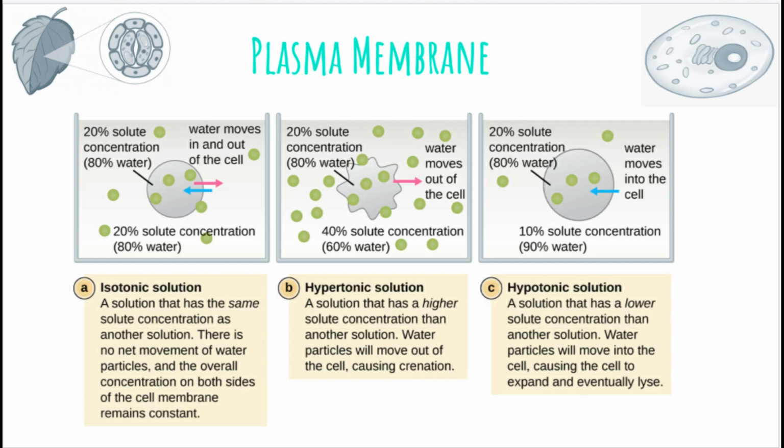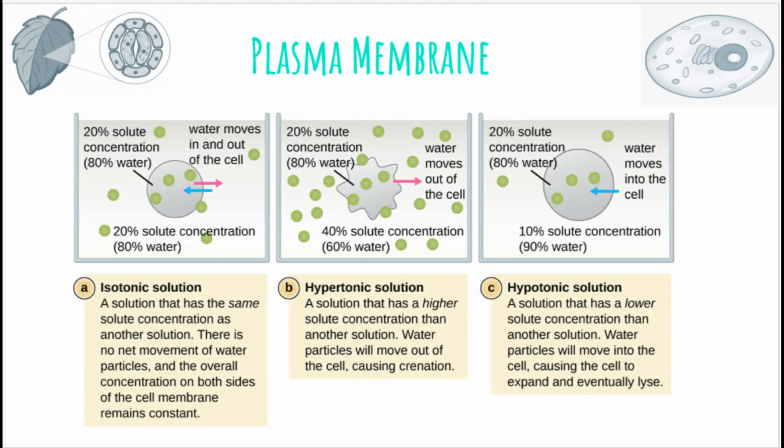When inside a cell a chemical substance is present in huge amount and the outside has less amount of that chemical substance, it is called a hypertonic solution.